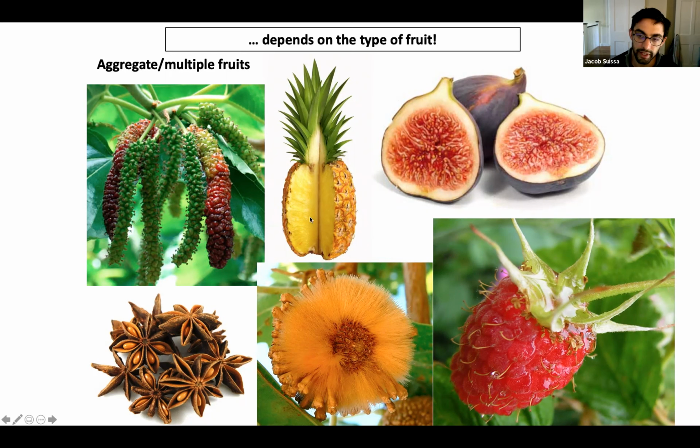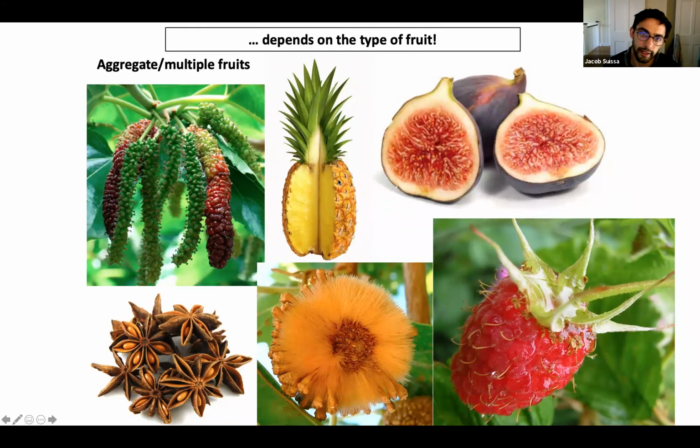So this happens in this pineapple. Each of these little hexagonal pieces in the pineapple was actually one flower, and there's a stalk that runs through it that holds up all the flowers. If you Google a picture of a pineapple flower, or type in pineapple inflorescence, you'll see a really beautiful structure that looks reminiscent of the pineapple.